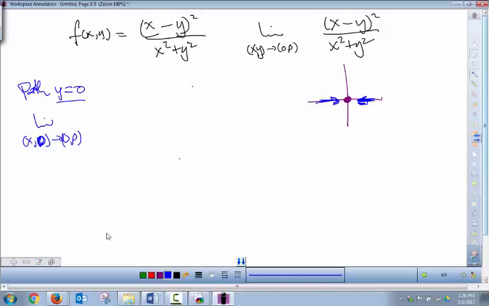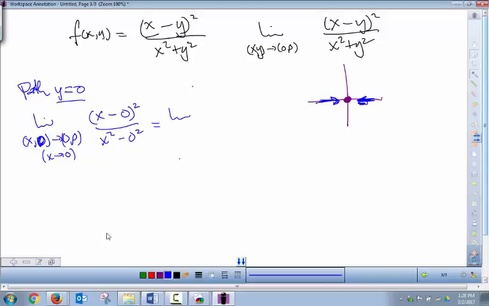You could just say x approaches 0. That's what's happening here. Now, for the function itself, we have x is x. We don't know anything about that yet. Y is equal to 0. And then here, x is x, and y is equal to 0.